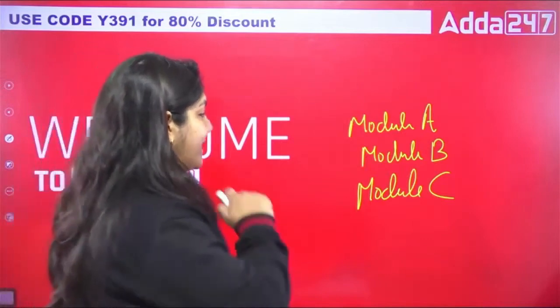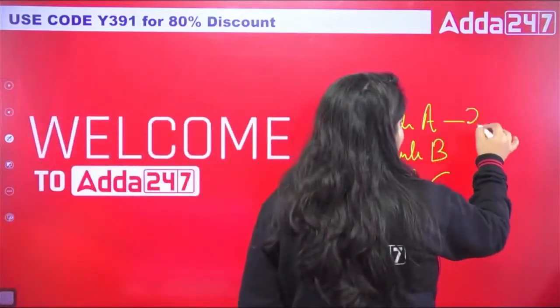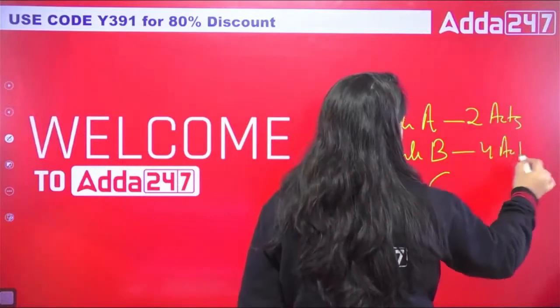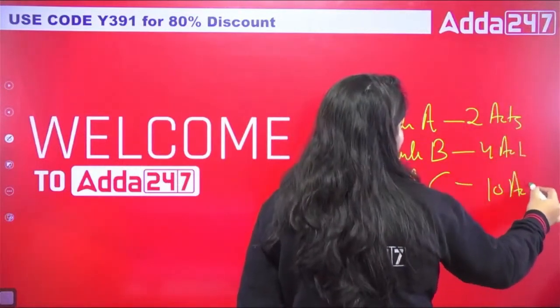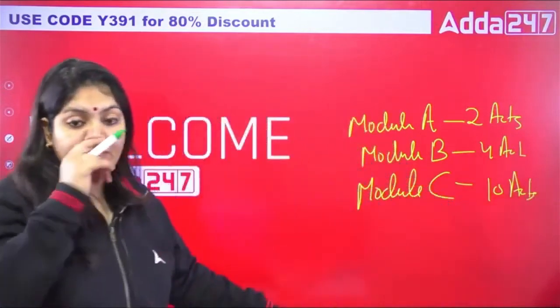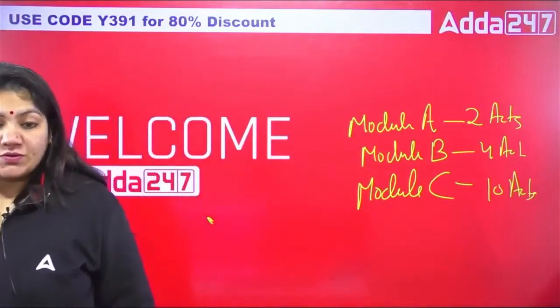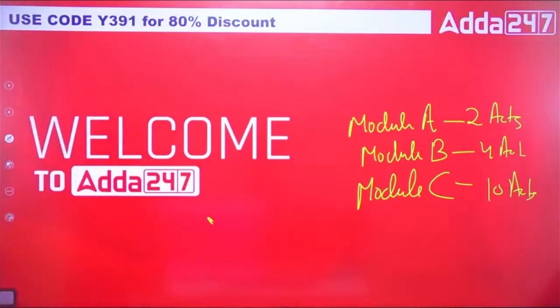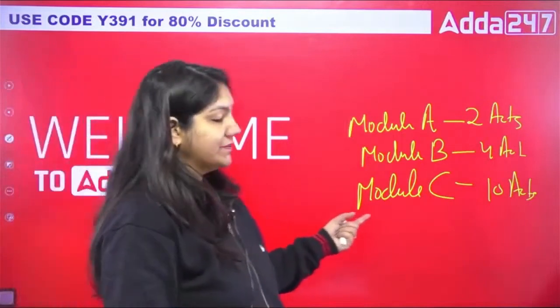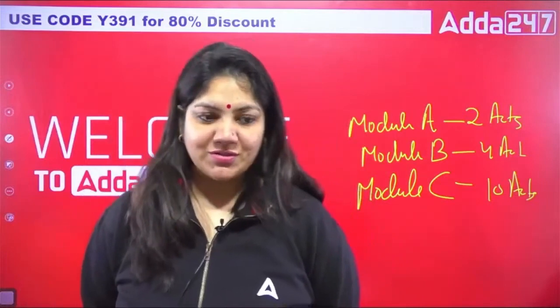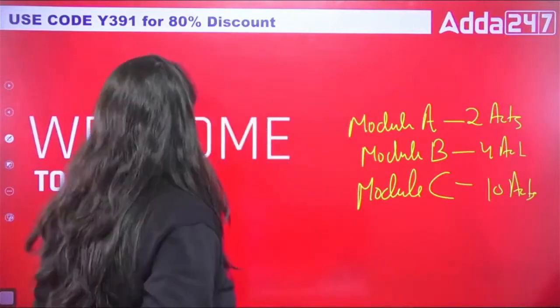First of all, please remember, module A contained 2 acts, module B contained 4 acts, but module C contains 10 acts. So module C is very, very important from the examination point of view. If you really want to crack this exam, I can say 40% of questions come from module C. So one by one we will do the questions. Now let's start with module C.